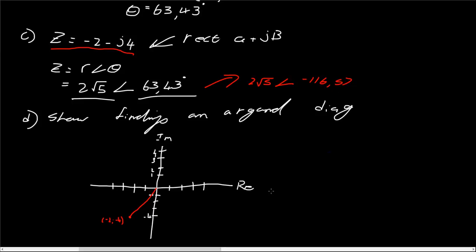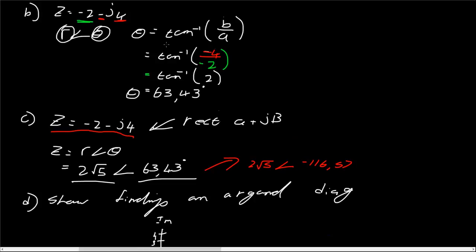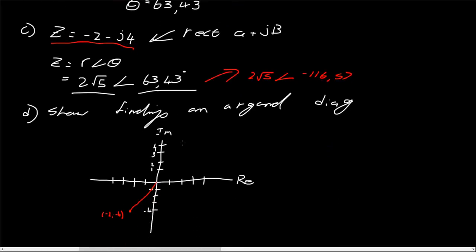Now, what's happened is when we did our modulus or our argument here, we didn't apply the CAST rule. So we got theta equals 63.43.